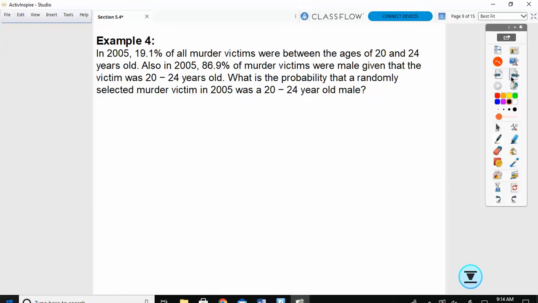All right, so now I just have some more examples for us to finish out our day. So kind of related to our last example, we're still talking about 19.1% between 20 and 24. 86.9% were male given the victim was 20 to 24.